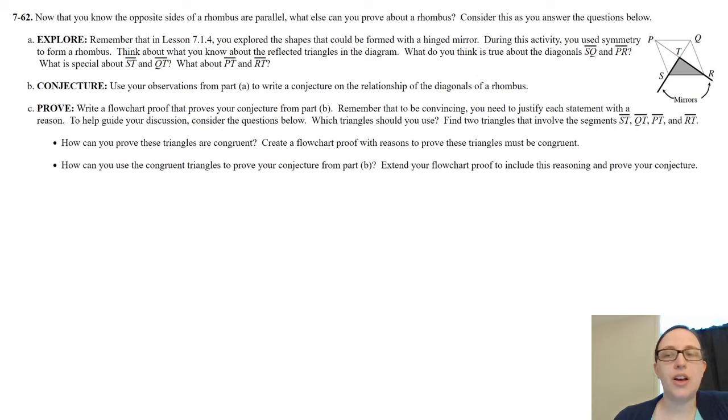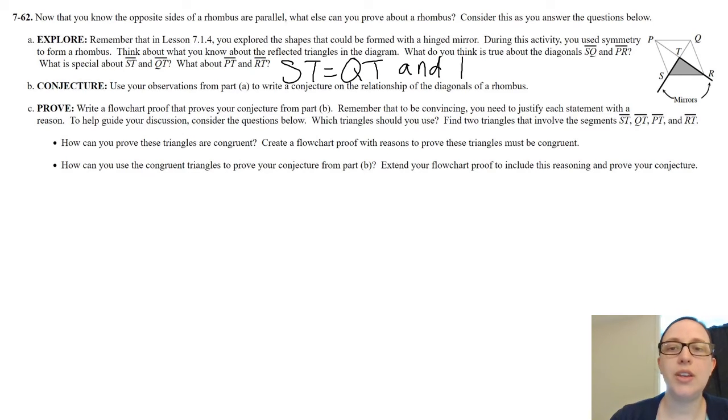All right, so we're also going to prove that diagonals bisect each other in a rhombus. This is basically asking what we think is true about the diagonals SQ and PR. We are going to prove that ST is equal to QT and that PT is equal to RT.